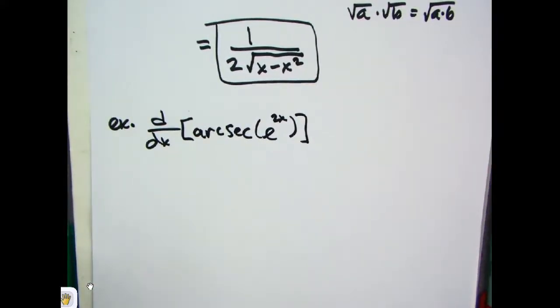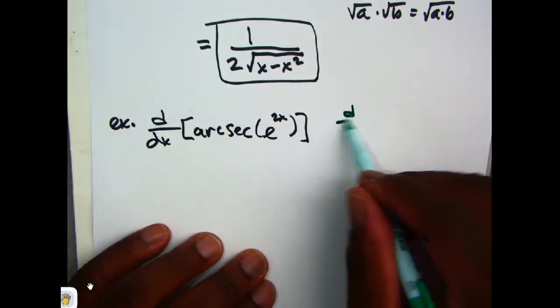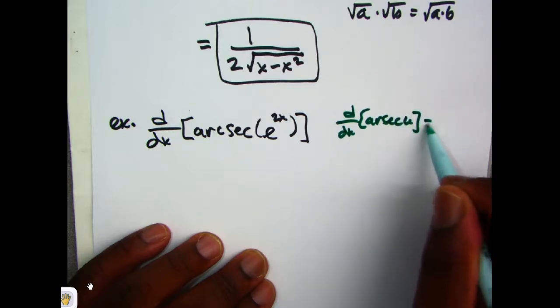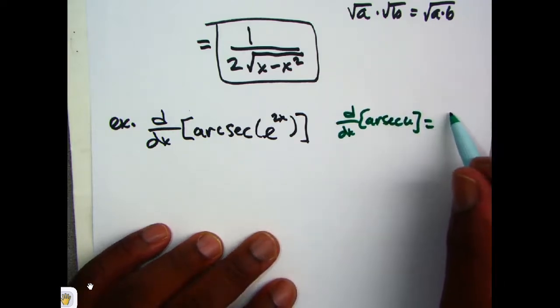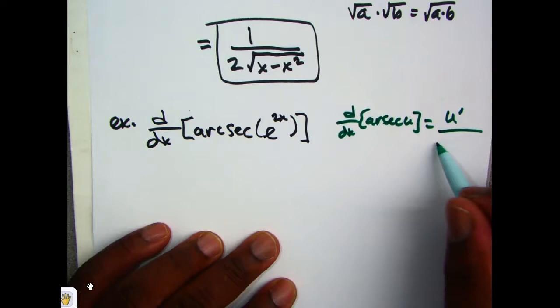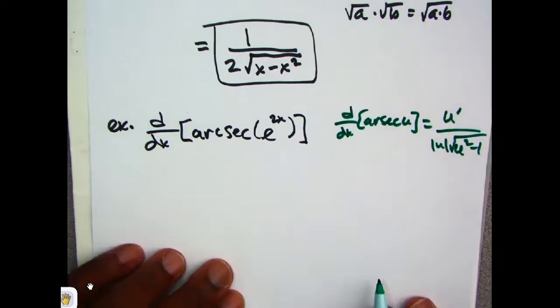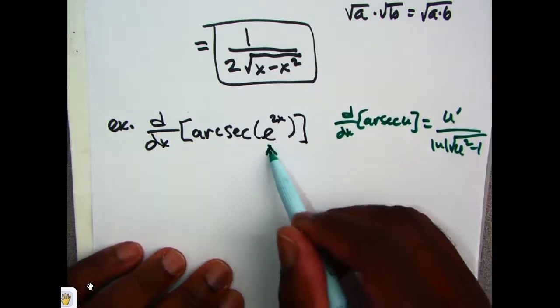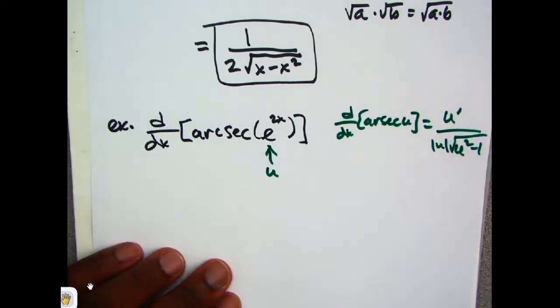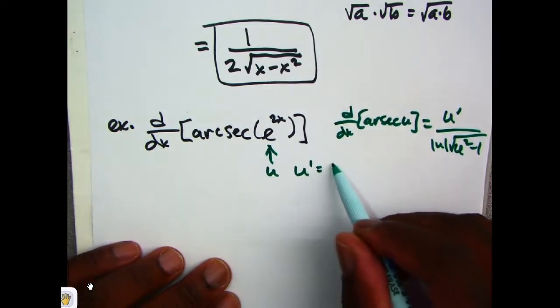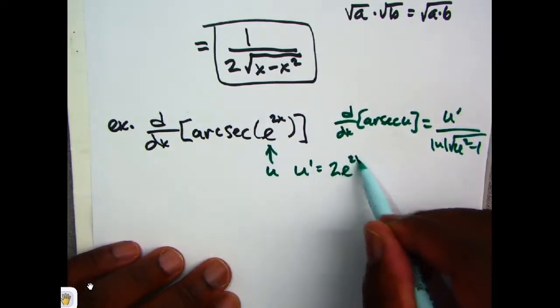So the derivative of arcsecant of u is u prime over the absolute value of u times the square root of u squared minus 1. So in this case, our u is e to the 2x. U prime is going to be 2e to the 2x.